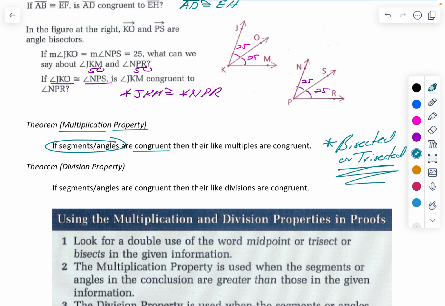In other words, if the pieces are congruent, then the wholes are congruent. So this is when we go from small to big. So that was like our last example. If the angles are bisected, and if the small pieces are congruent, put congruent in there, then the big angles are congruent, or the big pieces are congruent.